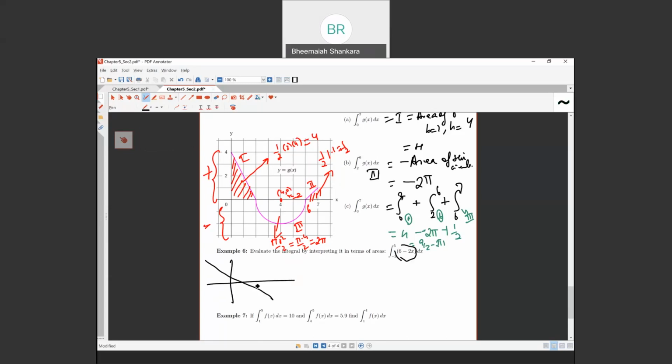So mark this point, let me redraw it. This is 3, it's negative 3 to 5. And this width is 2.